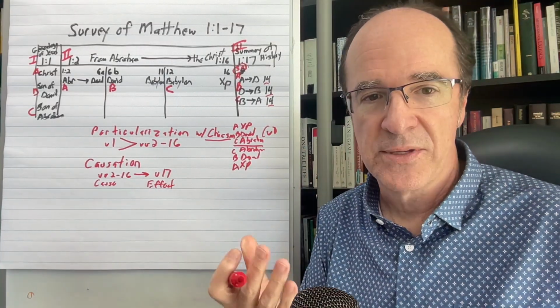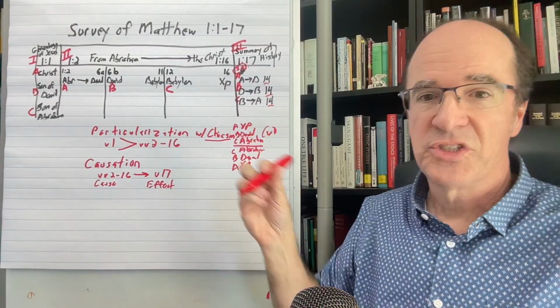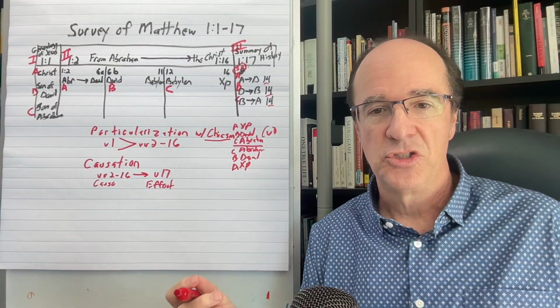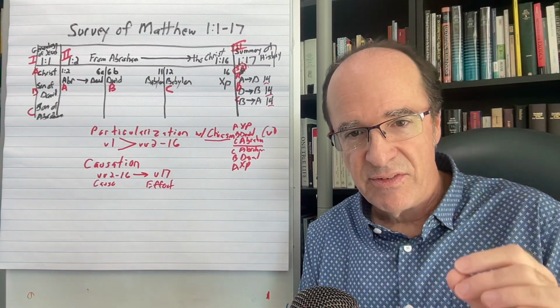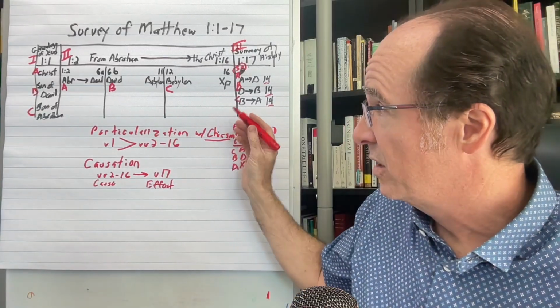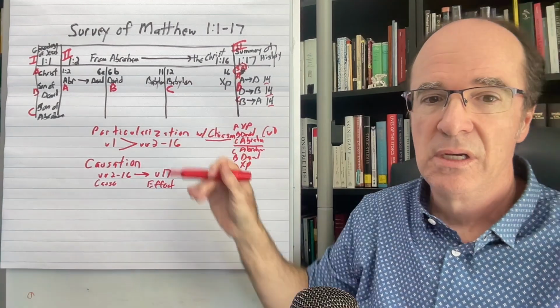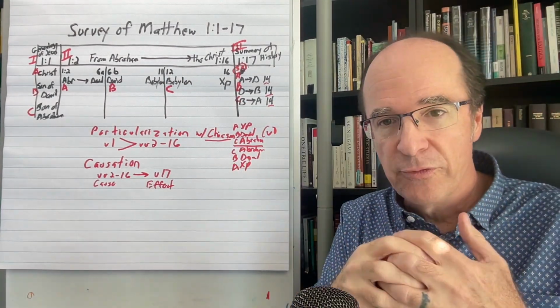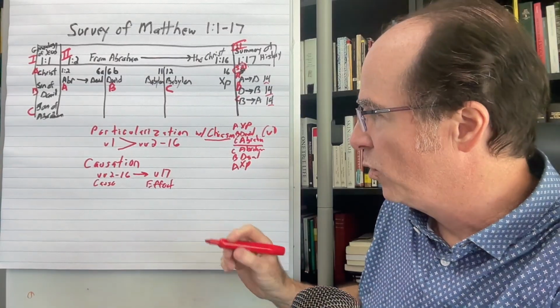And you want to describe this a little bit, which is essentially a summarization of the genealogy. And so verse 17 essentially summarizes the rest of the genealogy by observing a uniform progression of 14 generations between key points.